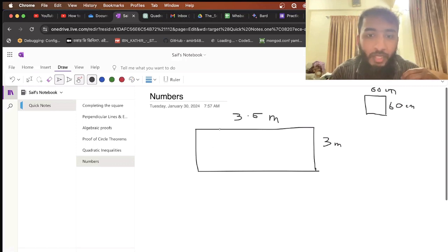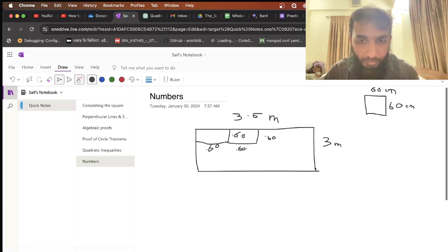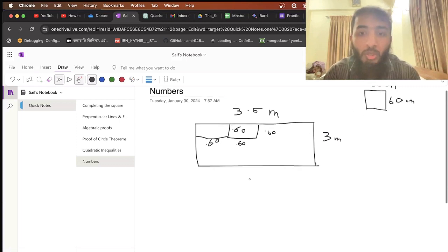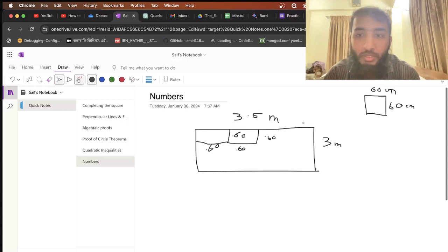You basically lay each of them like this: 60 centimeters, or 0.60 meters, and so on. So you get the concept of how I'm using these slabs. Each slab is 60 centimeters, or 0.60 meters.